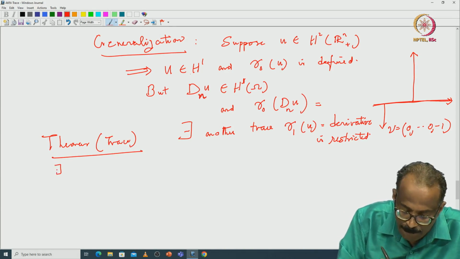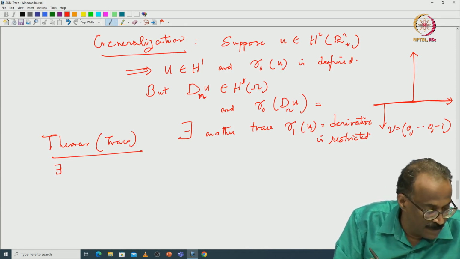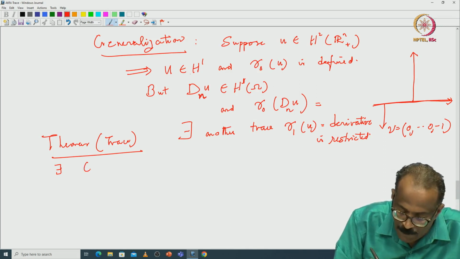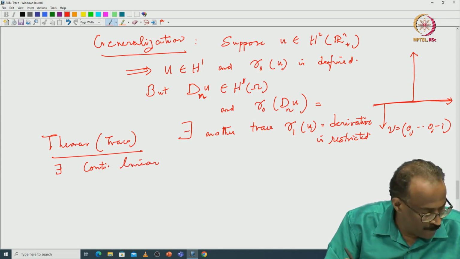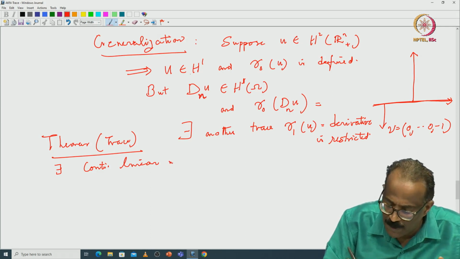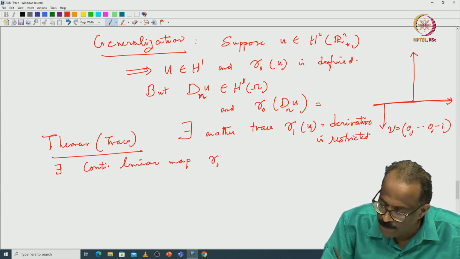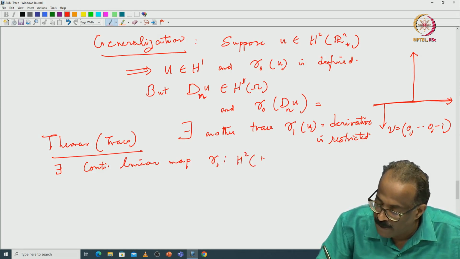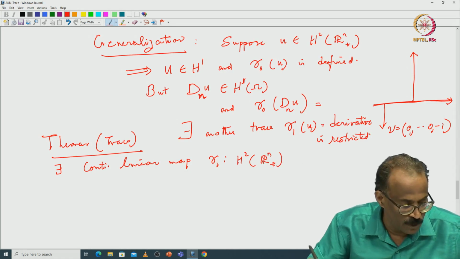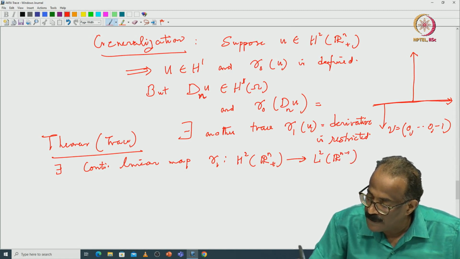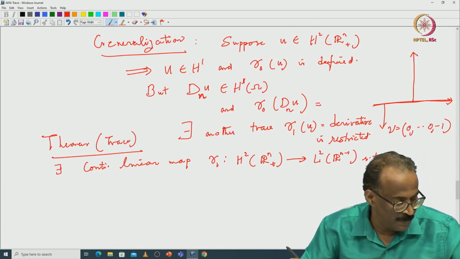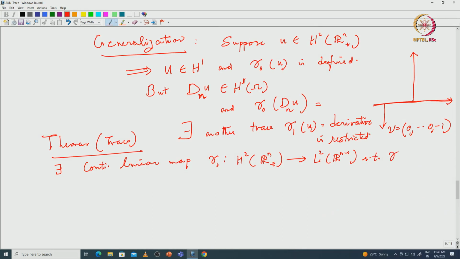There exists a continuous linear map, gamma 1, from H2 of R^n plus to L2 of R^n minus 1, such that gamma 1 of u, maybe I will put a minus sign, because that minus sign is coming from my normal.